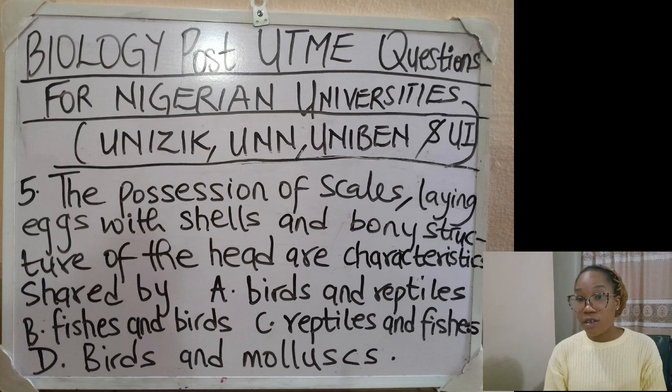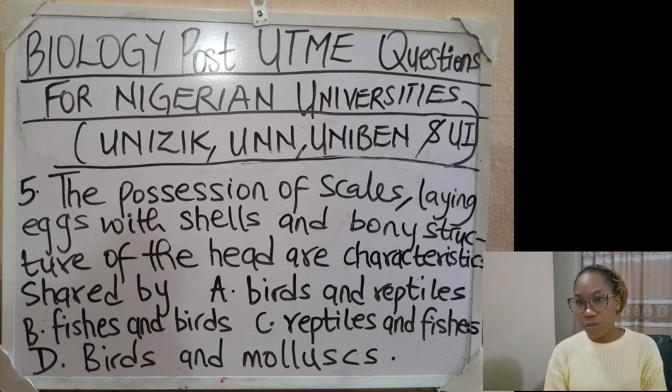Now, one of the characteristics of some organisms that are known to have scales on their body, you see them in reptiles like snakes and lizards. You don't see scales on mammals. There are mammals covered with hairs or furs. You also don't see scales on amphibians.